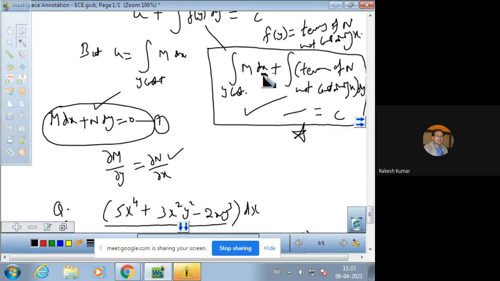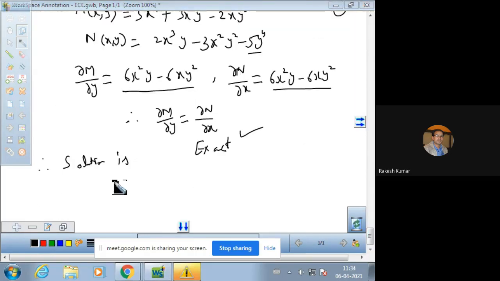Integration of m with respect to x, y as constant, plus terms of n not containing x with respect to dy. So the solution is integration of m with respect to x.